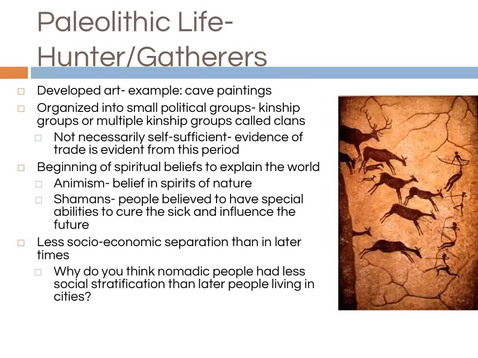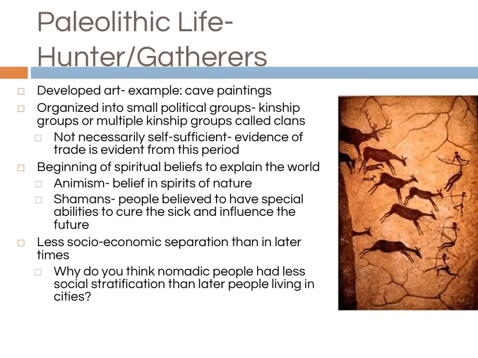Also in Paleolithic times, we have the beginning of spiritual beliefs to explain the world. There's two really important terms here that you need to know. Animism, which is belief in spirits of nature. So this means that other things in nature, animals, even natural things like mountains, rivers, for example, have their own spirits. And then another key term is shaman.